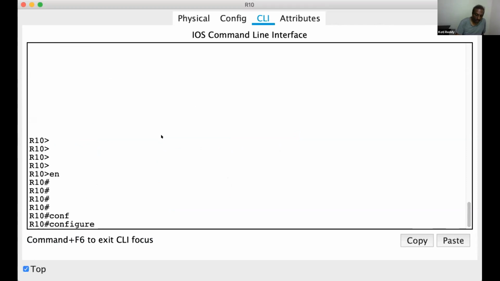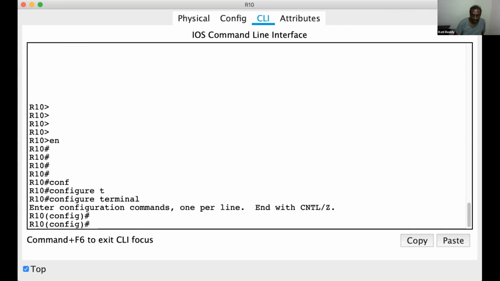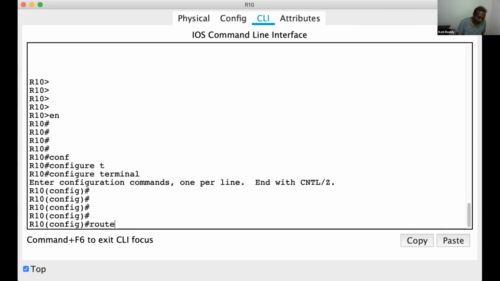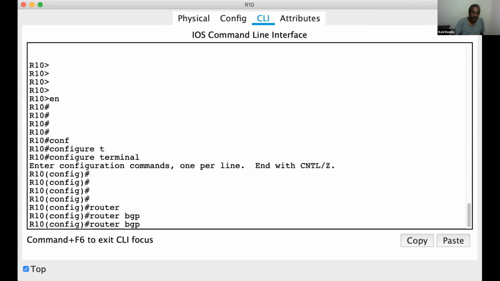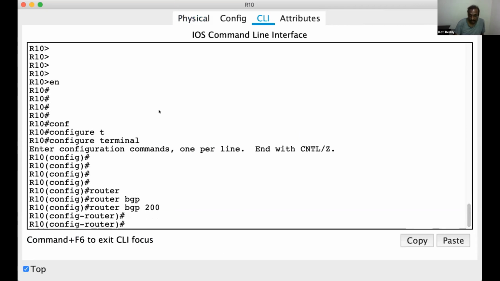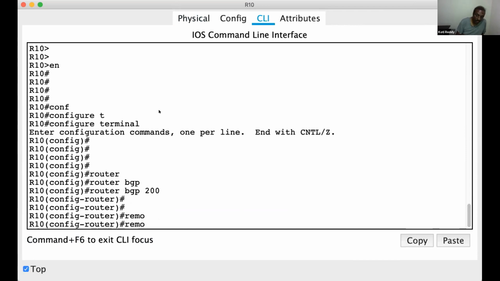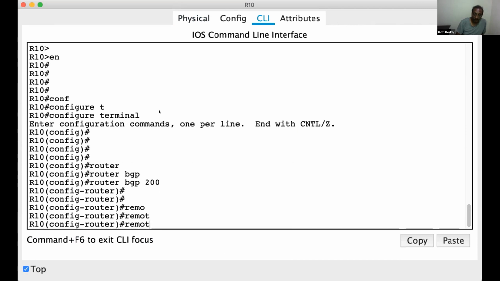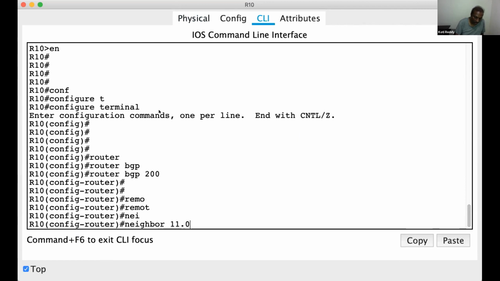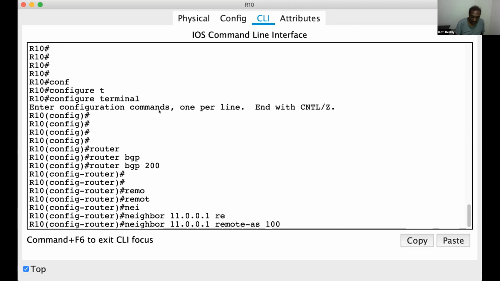Router BGP 200. Your neighbor is 11.0.0.1. The remote AS which it belongs to is 100. That's how I configure BGP on the R10 router.